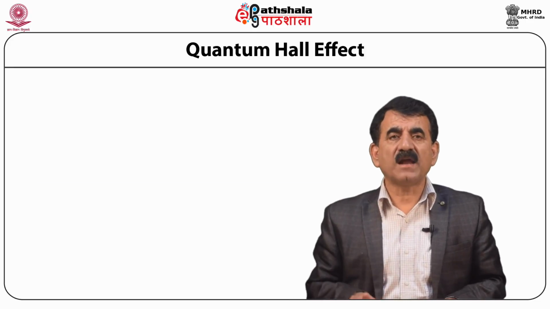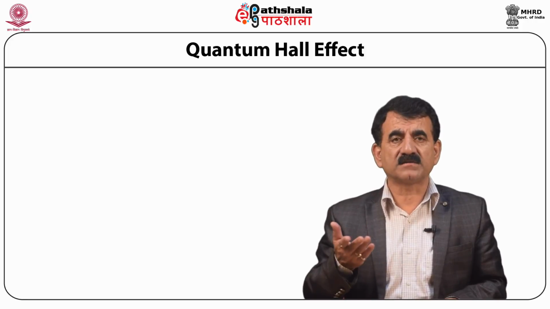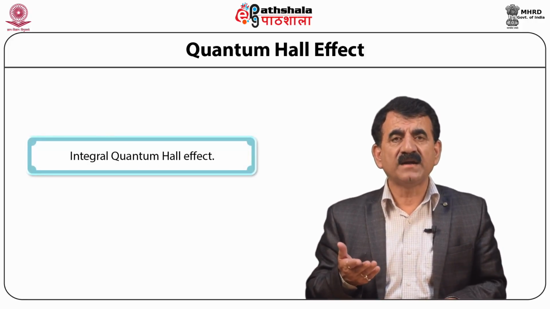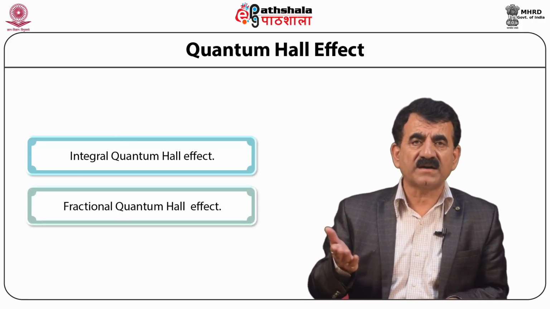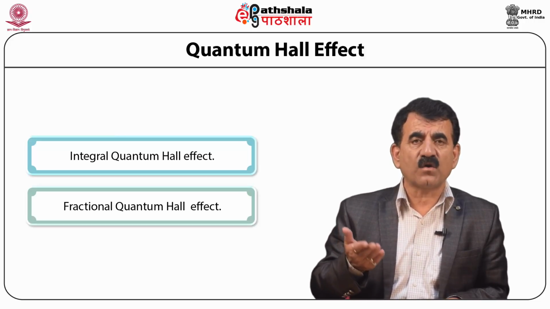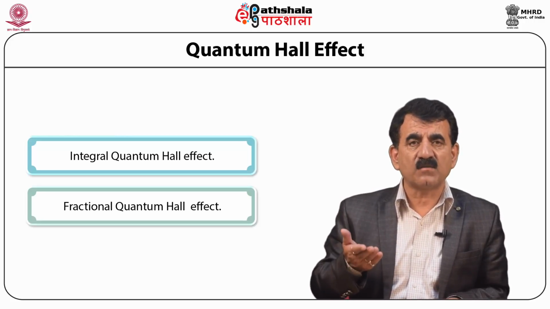So the quantum Hall effect can be subdivided into two categories. One is the integral quantum Hall effect and the other is the fractional quantum Hall effect. The integral quantum Hall effect is associated with the same integrals for all systems and occupancy of the Landau levels.